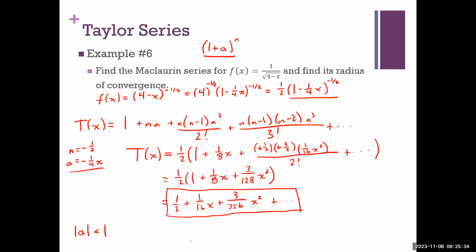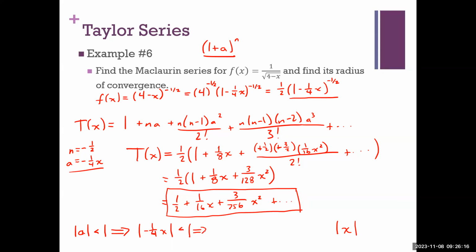So if this is generally true, what is our A for this example? Negative 1/4 x. I want that to be less than 1, right? So from there, what can I say about x? Eventually, I would like to say something about the absolute value of x itself. How can I isolate the absolute value of x? Multiply by 4.